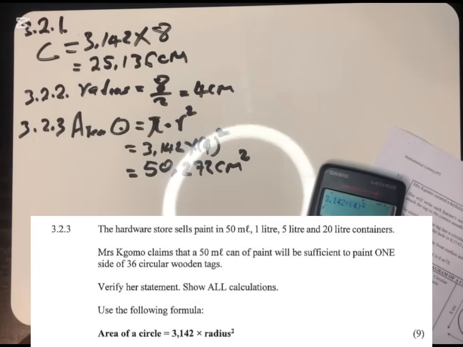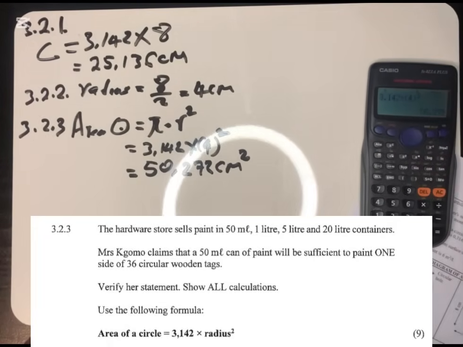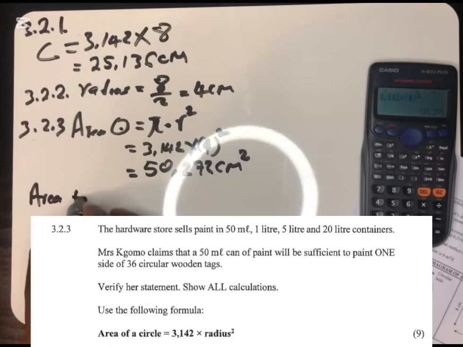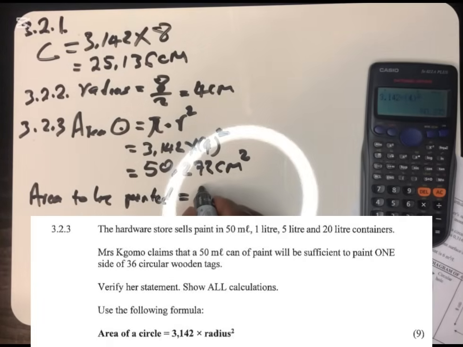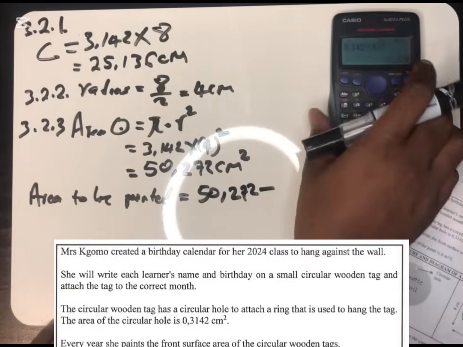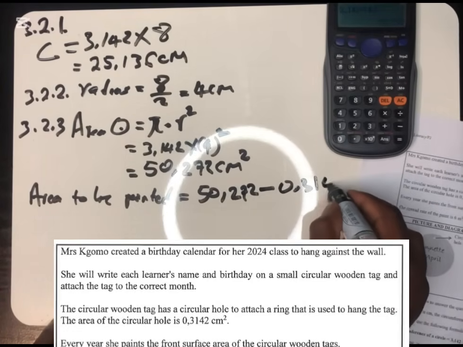If you remember, this circular tag has a hole in it, and you are not going to paint that hole because the hole is empty. So we should remove the hole from the area of the entire wooden tag. So the area to be painted is 50.272 minus the area of that hole, which is given as 0.3142.